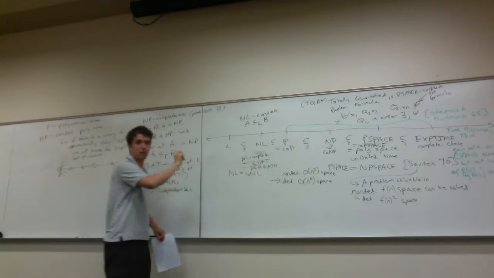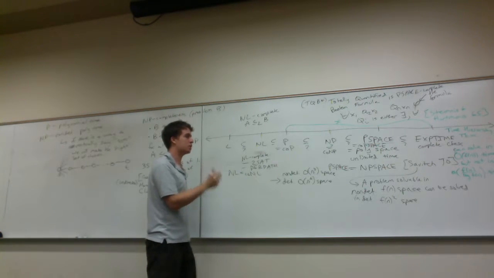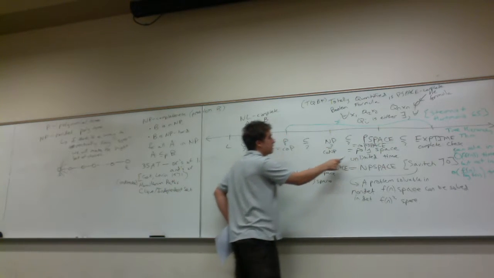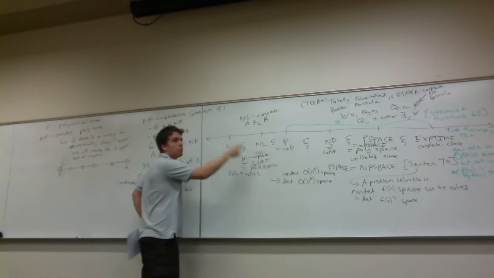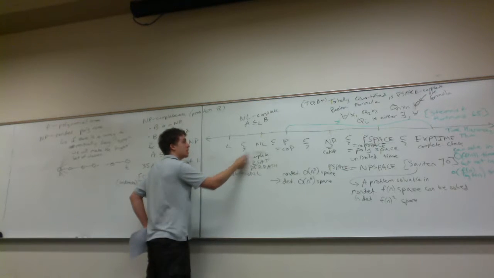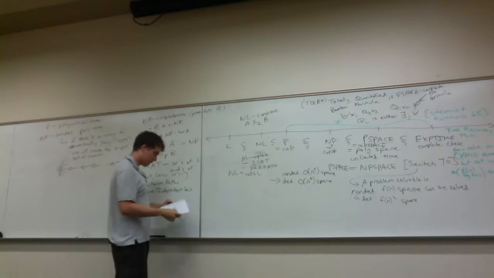I like talking about these kinds of results because you have three different possibilities. Either everything is the exact same class, you possibly have some separation, or here you have some partial separation. So you have some equality, but possibly we believe that these are different. We don't know if they really are.